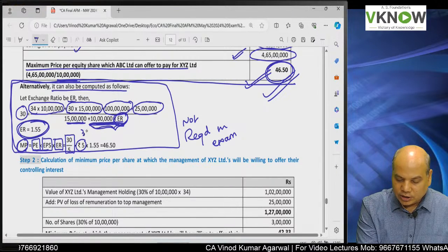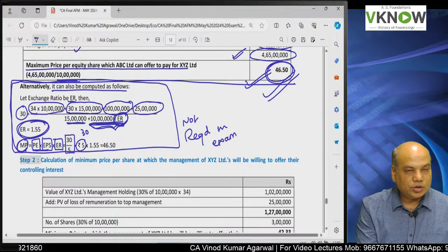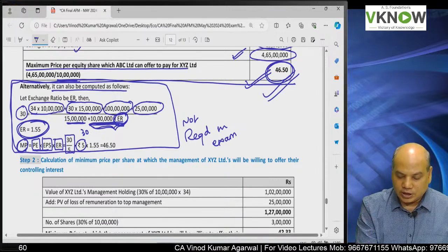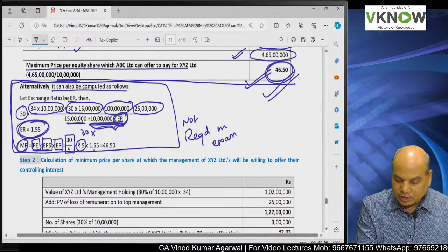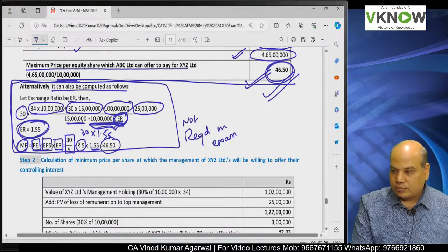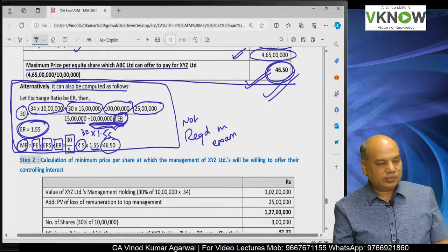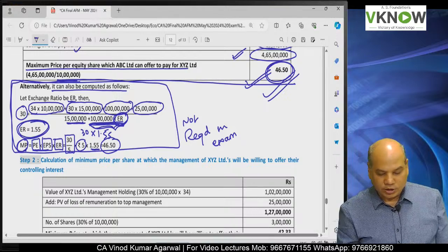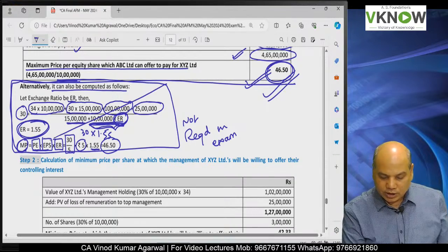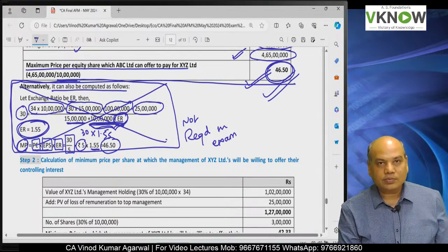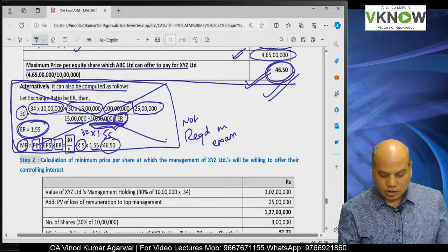In fact, you can take 30 directly also. Institute has unnecessarily complicated it. Multiplied by exchange ratio 1.55, per share the maximum they can pay is 46.50. If you find this complicated, don't write. If you have understood it, you can write.